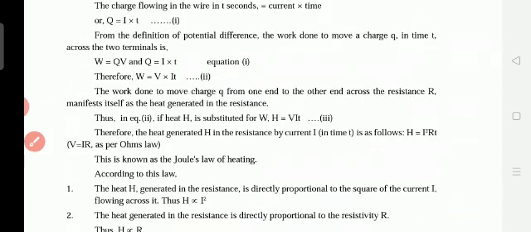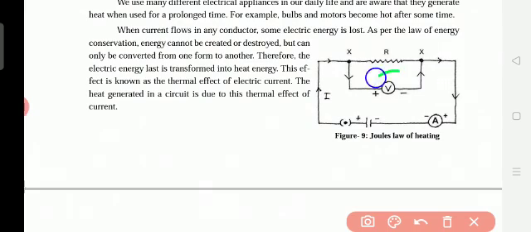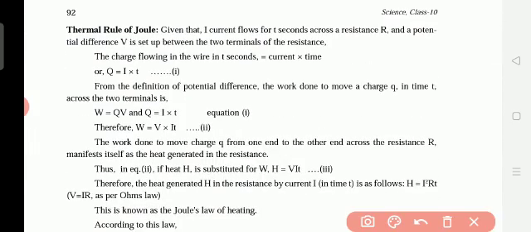Okay, so W is the work done, is equal to Q is the charge. And across the two terminals means what? This is the potential difference. So that is why here W is equal to QV.